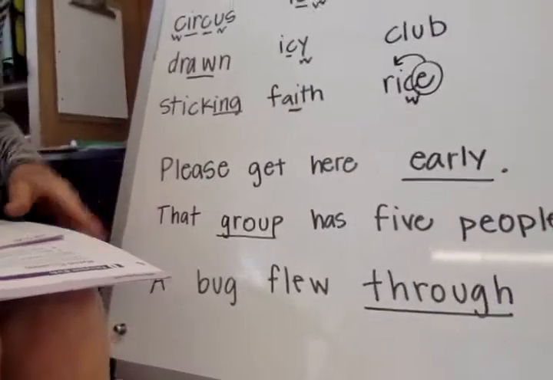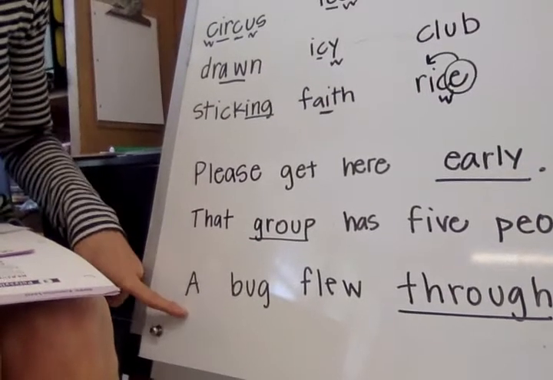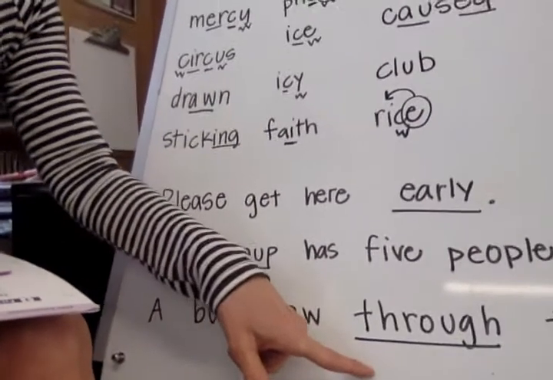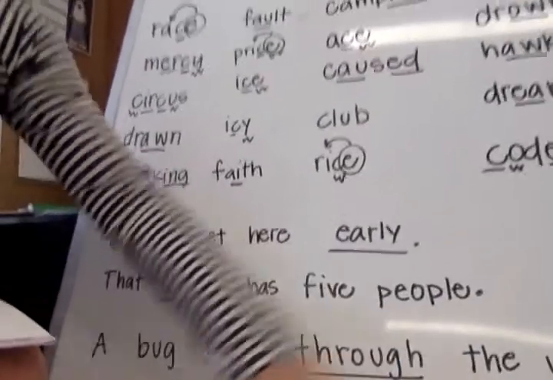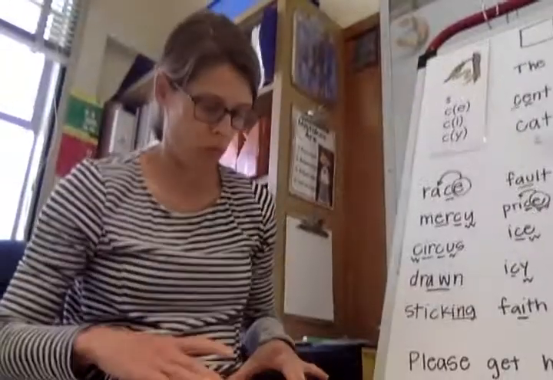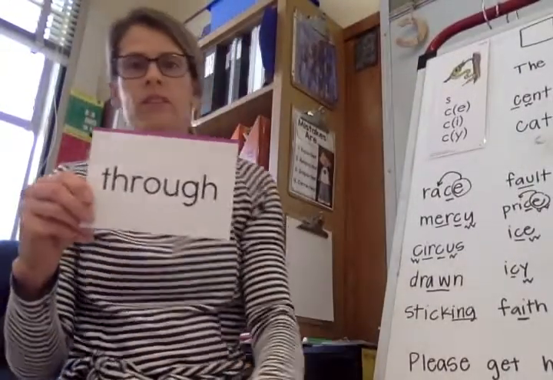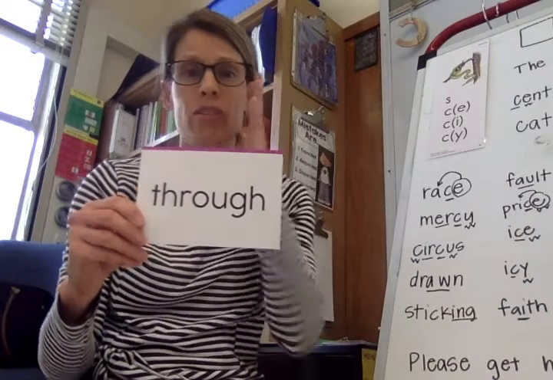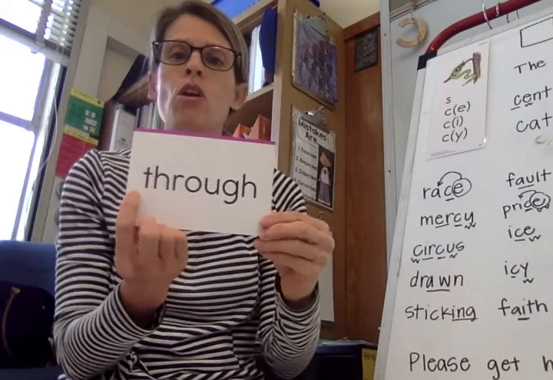And our last sentence. Let's really bring the computer down here. A bug flew through the window. A bug flew through. Oh, and I know some of you had this in your sight word bag. This was a really tricky one. Through.